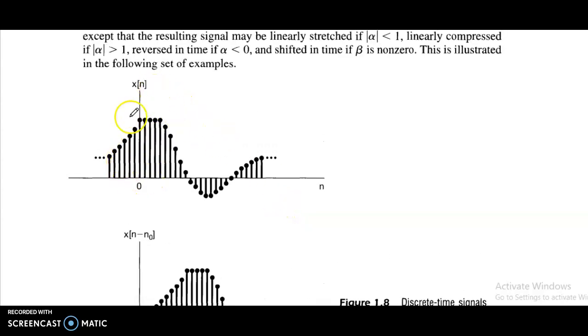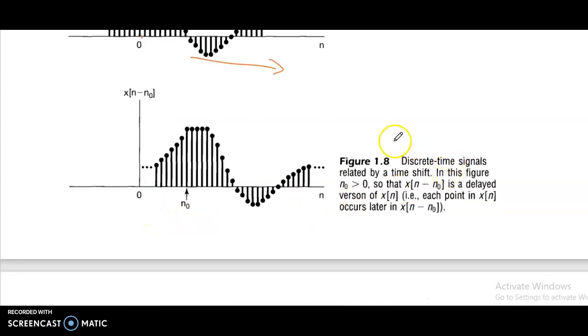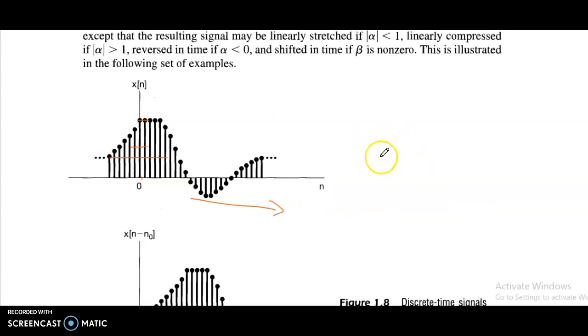Here x of n is shown, with the x axis running till n. Here the two signals are related by a time shift.